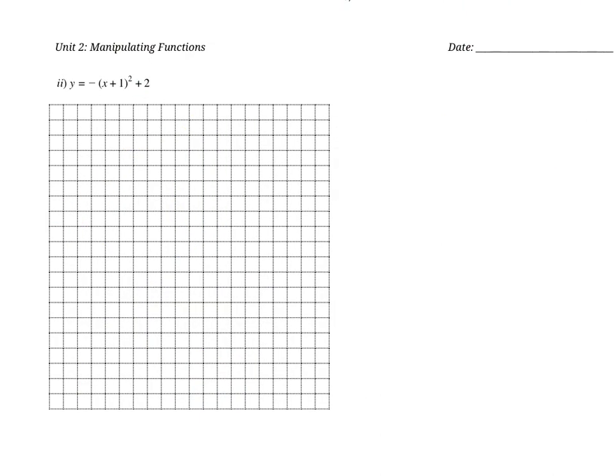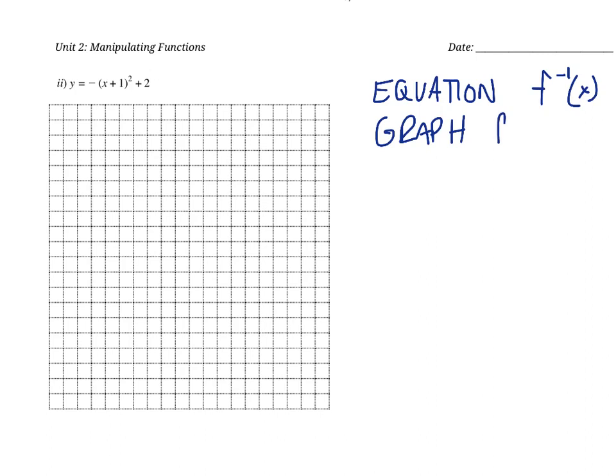So here we have the last question, and I want you to try this one yourself. What I want to remember is I want an equation, right? An equation for f negative 1 of x. I want a graph for f of x and f negative 1 of x.